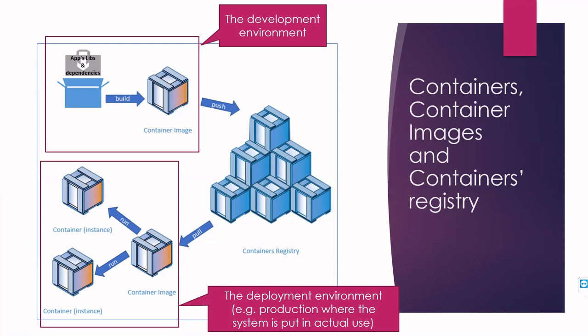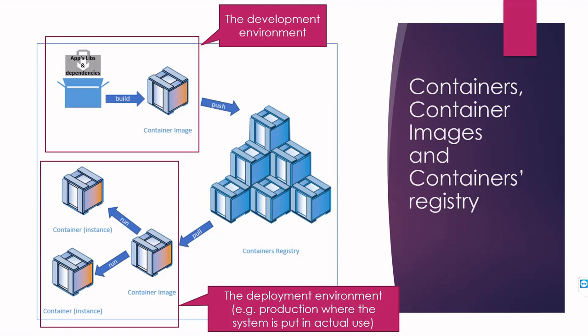And then in order to make it accessible, we use the push command to put it in a container registry. Now in the deployment environment, we need to get that image. So we need to execute the pull command to get the container image. And then in order to actually execute the application inside that image, we use the run command.